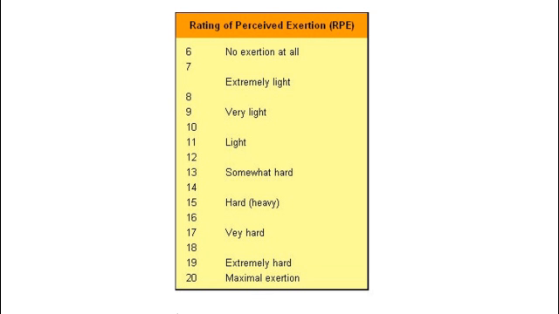So with the stress test, basically you're starting at a very low level of activity, and then you have very specific levels of increased workload that are quite systematic. Usually about every 2 to 4 minutes, they're going to increase that workload.